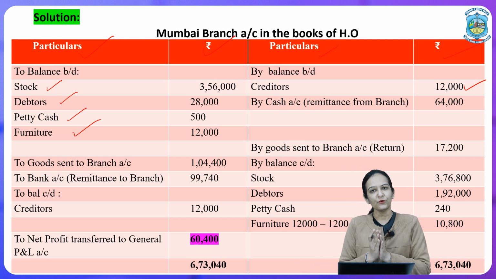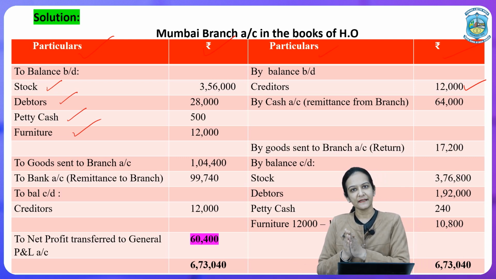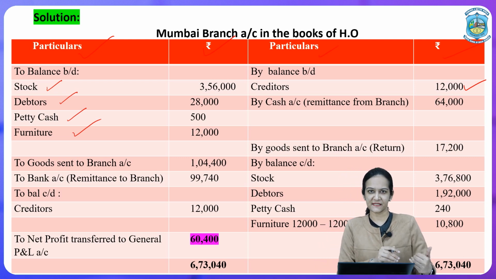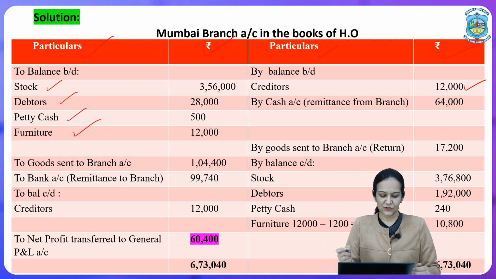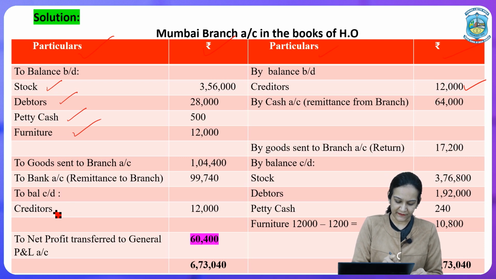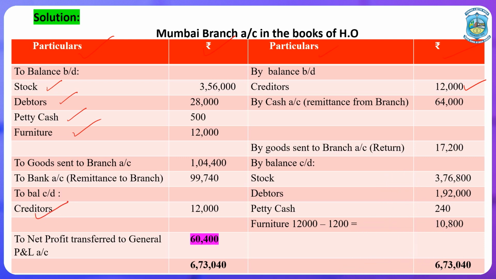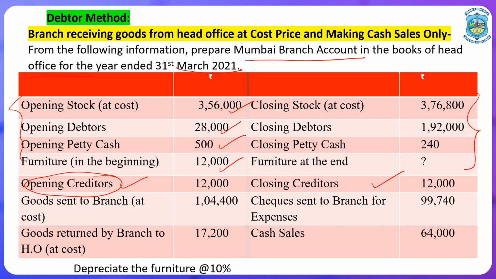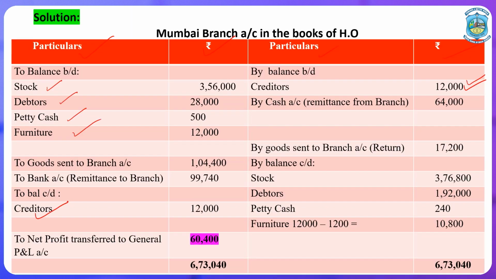When the opening balances of liabilities come at the credit side, definitely the closing balance will come at the opposite side, that is, the closing balance of creditors will be at the debit side. I am repeating, the opening balance of creditors will come at the credit side and the closing balance will come at the debit side. For the closing balance of creditors, rupees 12,000 is given. So 12,000 we will write down at the debit side of the branch account.